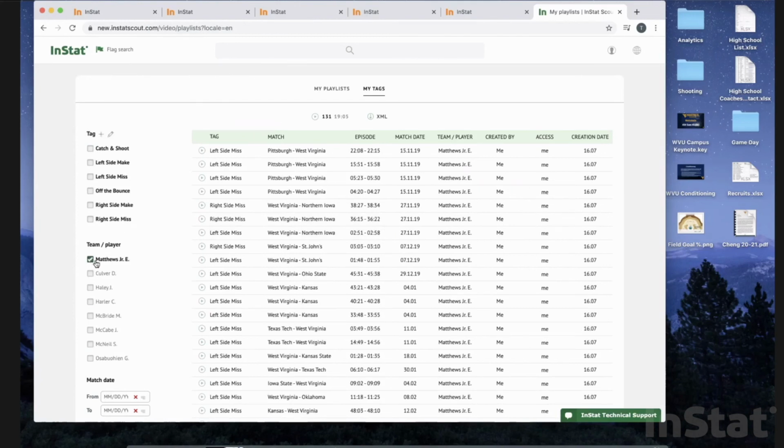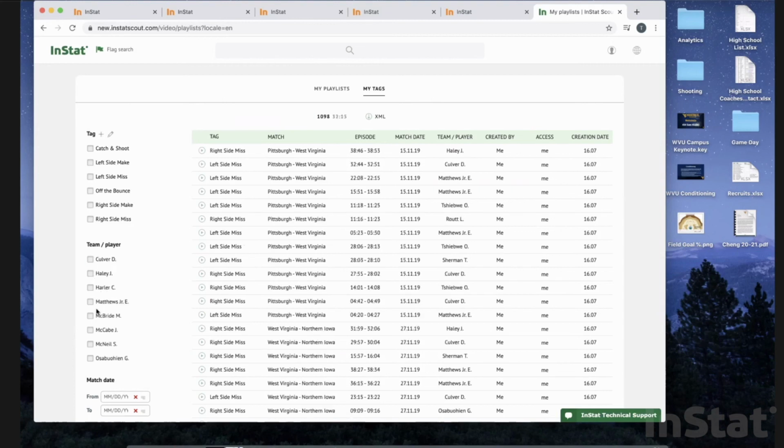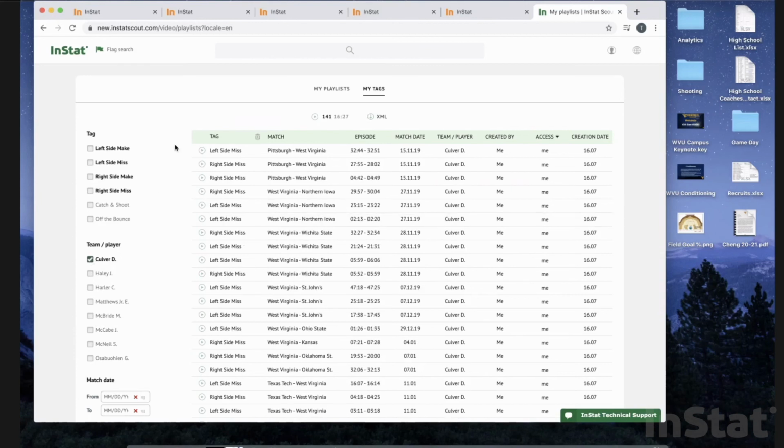Also with that, we look at our bigs. Where's Derek? So Derek had 141 makes and misses, both left and right side. If I just want to look at his left side, right off the bat, I know that he had 38 makes compared to his 35 misses, so it's about 50%.